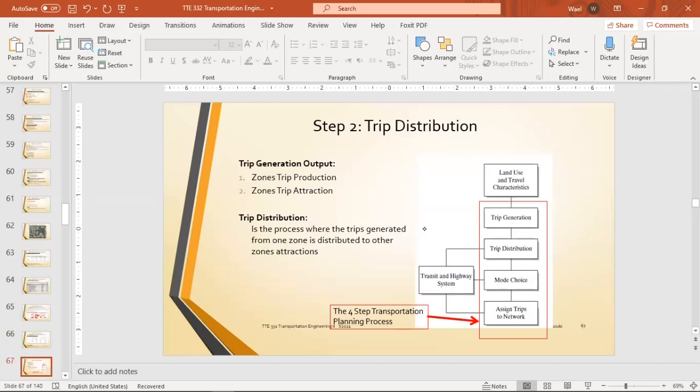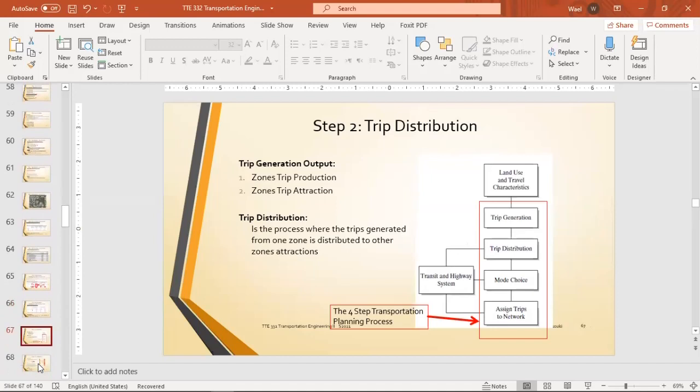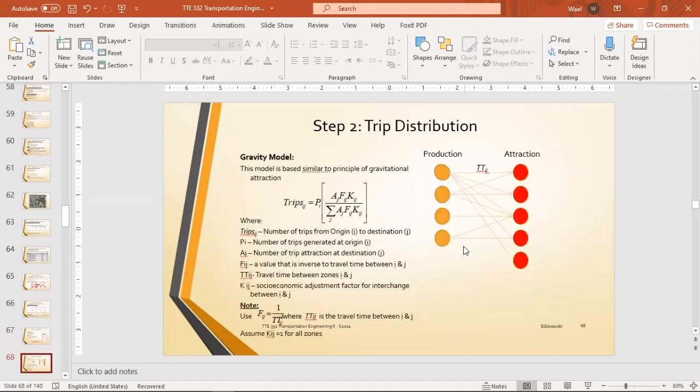Then after that, we go to trip distribution. What is trip distribution? Trip distribution is basically this part where we have these productions, and we want to know how many of those produced will go here, how many will go there. Those are attractions, and how is the distribution of these trips.